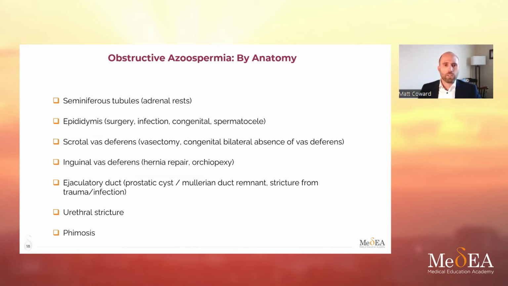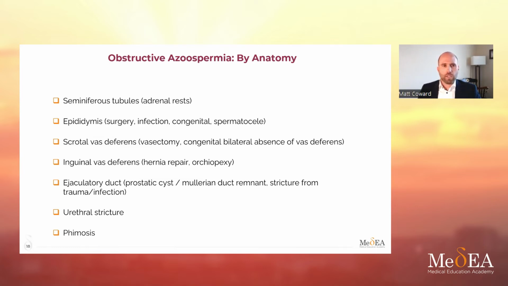And you can think about this in a couple of different ways. First, by anatomy, which is this slide, and then on the next slide, you can think about obstructive azoospermia as either being congenital or acquired. As we think about it by anatomy, start all the way back within the testicle.